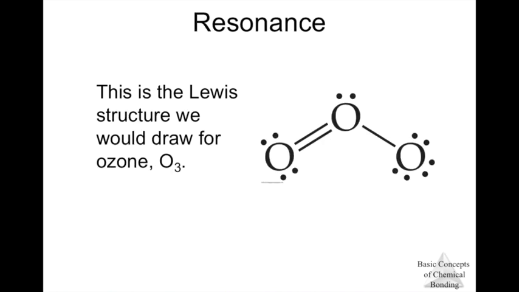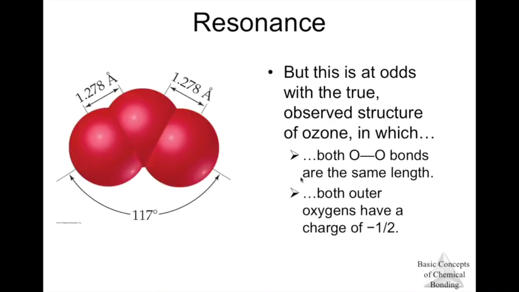Next, we're going to talk a little about resonance. This is a structure that you can draw for ozone, O3. You have a double bond here, and a single bond. All right, so that's great. But when you look at what we actually see, it doesn't really jibe with that diagram.